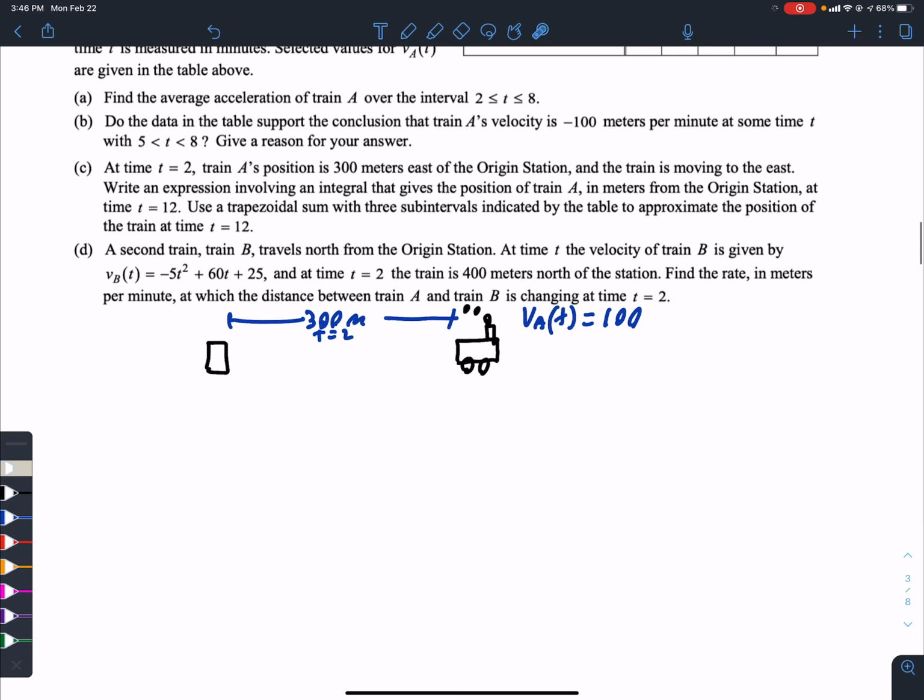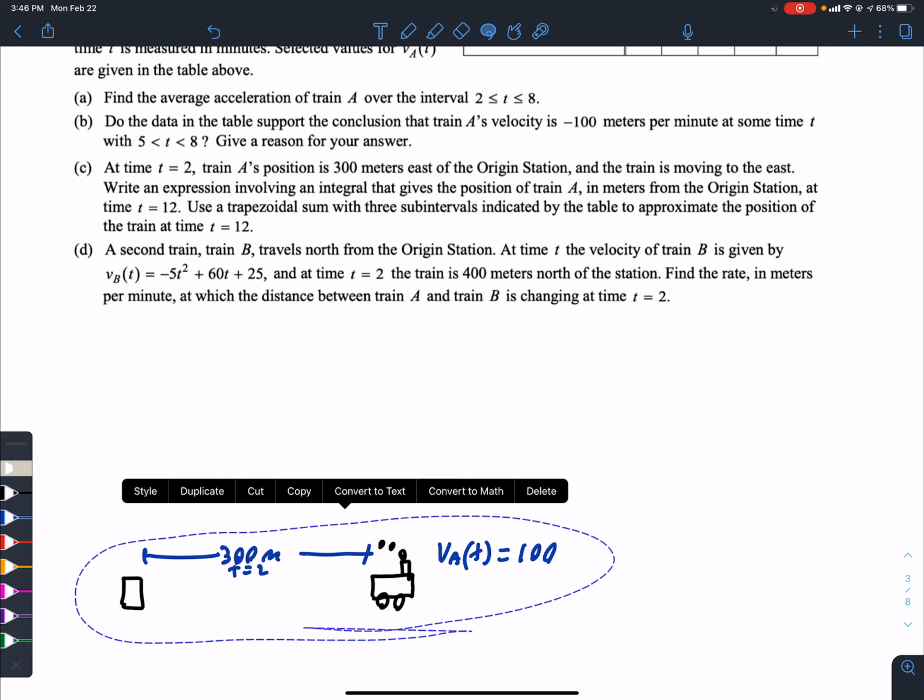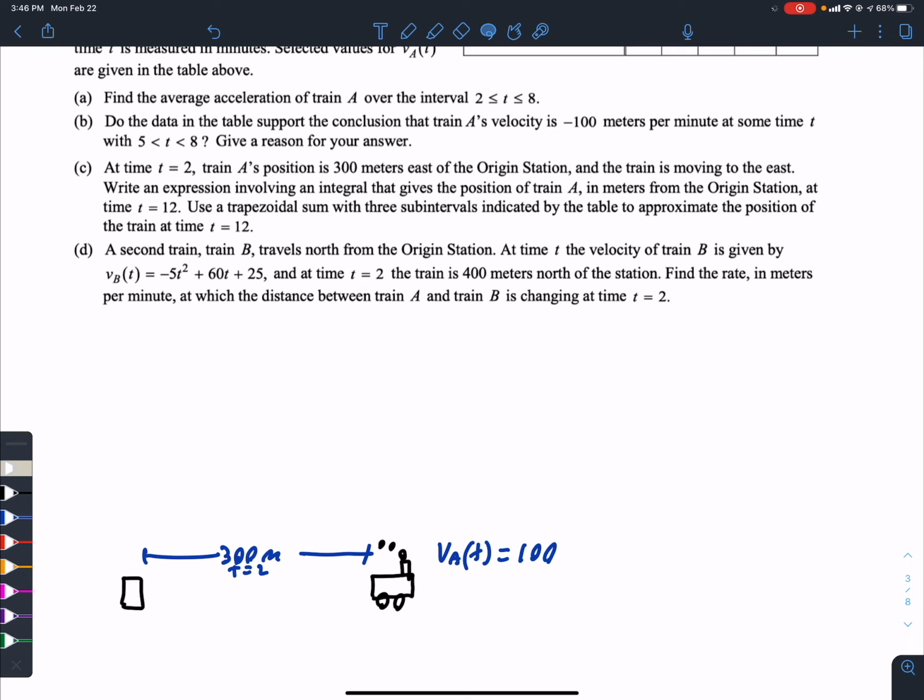So as we read in part D, train B travels north from the origin station. You know what? I'm going to have to scoot all this down because we have a train above all of this. So let me move this lower. And we have another train, the second train B, travels north from the origin station. So I have to draw a train up here.